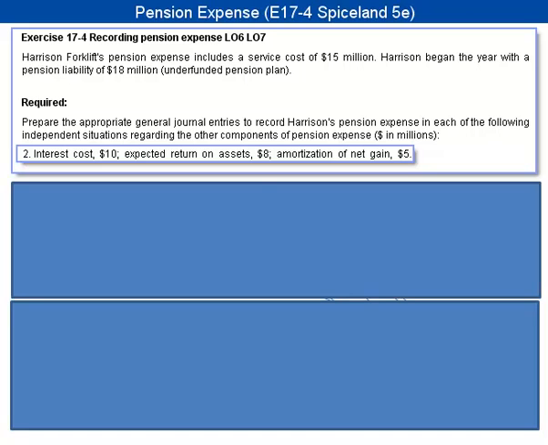Now you see on the screen I've dropped in the changes that occurred in the second case of this problem. Basically we have interest cost of $10 million again, expected return on assets of $8 million again, but now we have an amortization of a net gain of $5 million rather than an amortization of net loss.